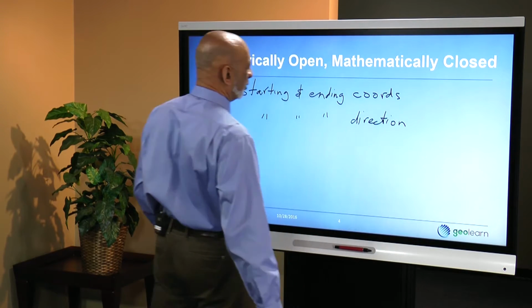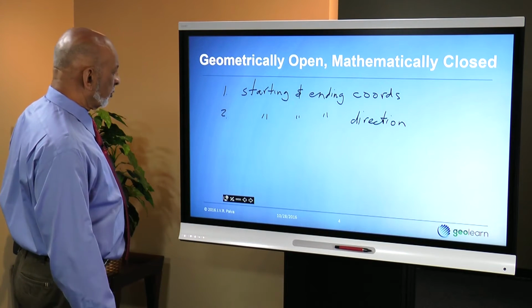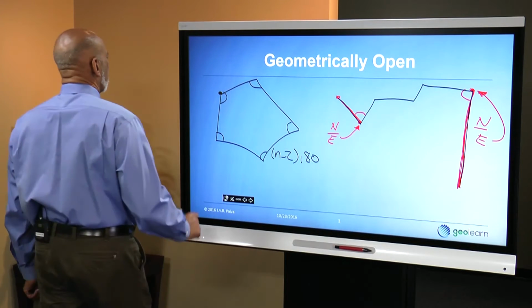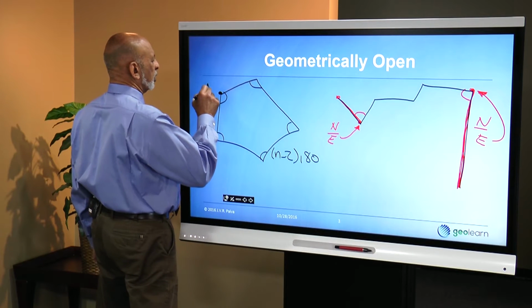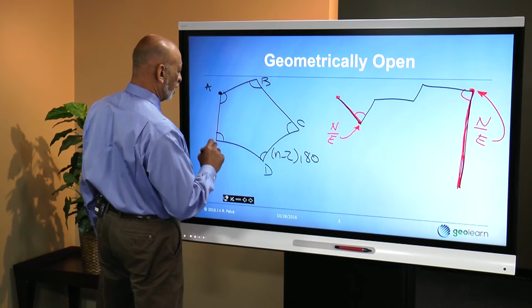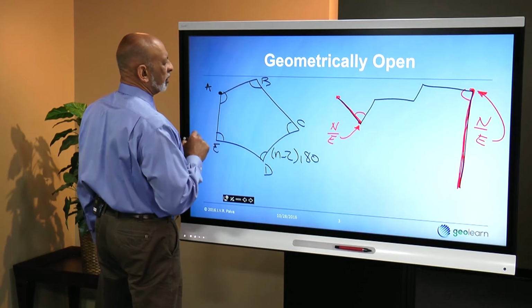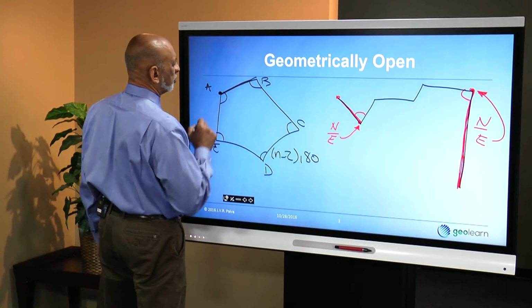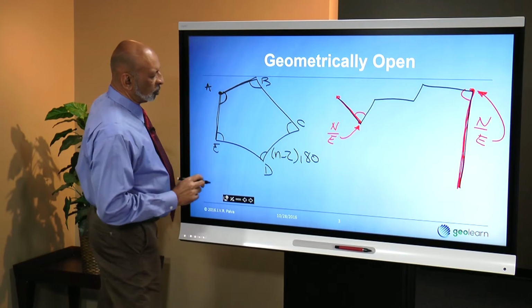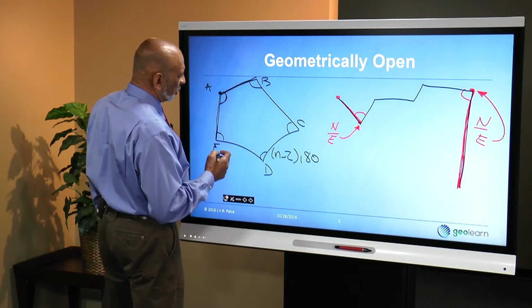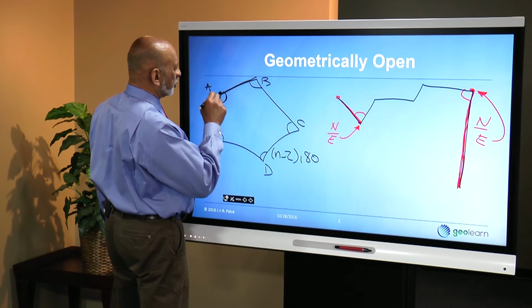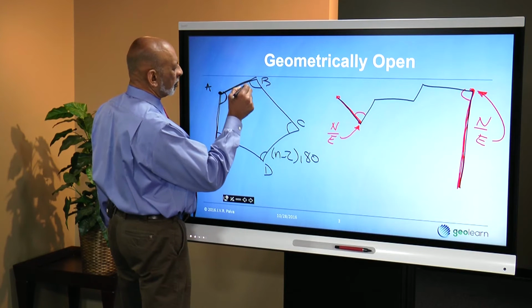And if you remember, when we go back to the geometrically closed traverse, if this happens to be the first point we started at, so let me just call these A, B, C, D, and E. When we start at the first point and we measure this angle, we actually have to look backwards to what we would call the previous point, even though in theory there's no previous point because A is the starting point.